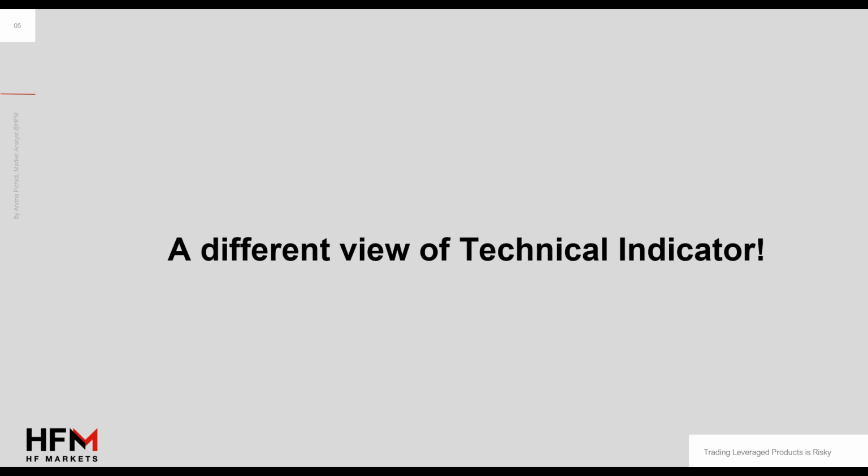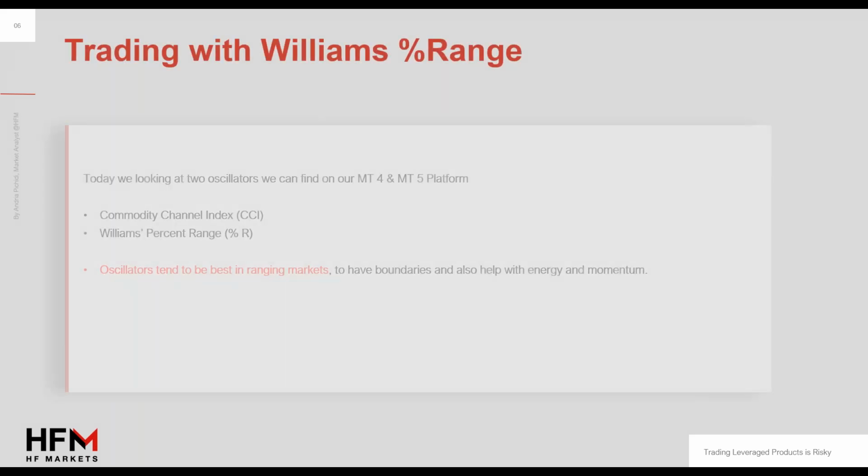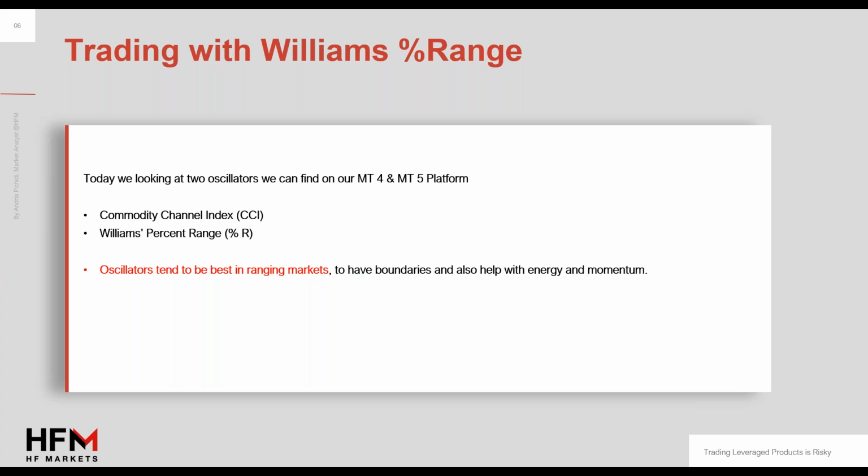The main benefit of the Williams percentage indicator is that traders can use it to find entry and exit points for their positions. It can help you find appropriate entry and exit levels of your position.